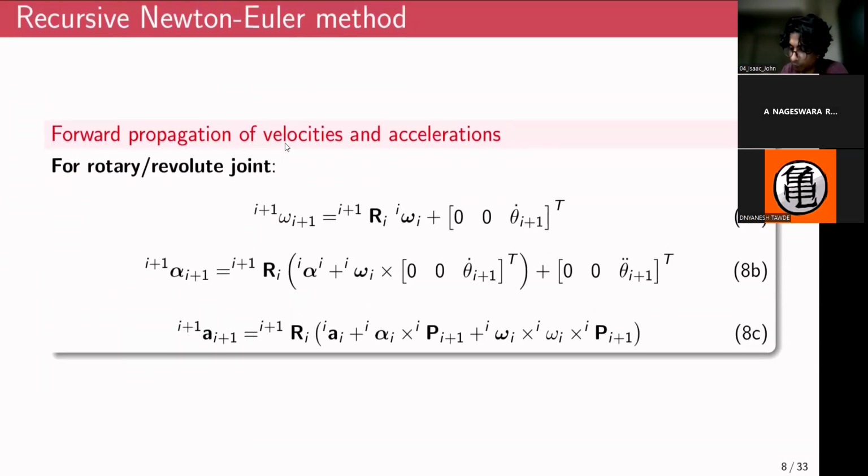For example, if you have a robotic manipulator made of a series of multiple rigid bodies, something like this, maybe I'll consider three links. The first joint is connected to the ground, the second joint is connected to the first joint, and the third joint is connected to the second joint.